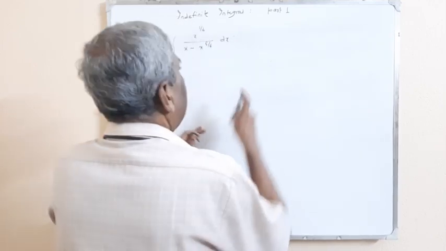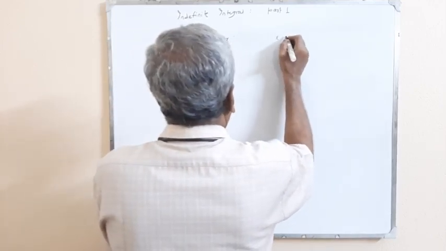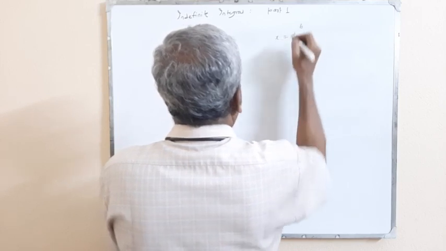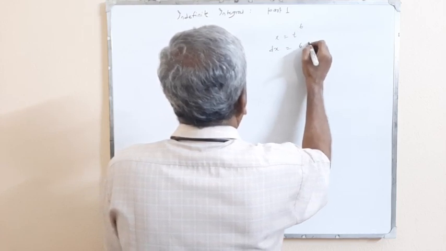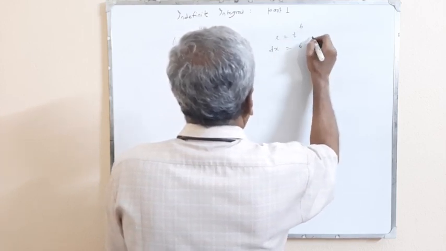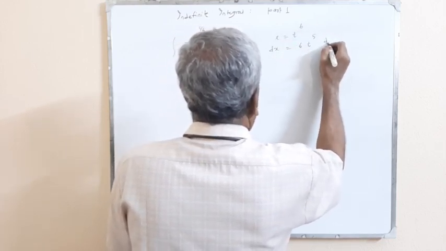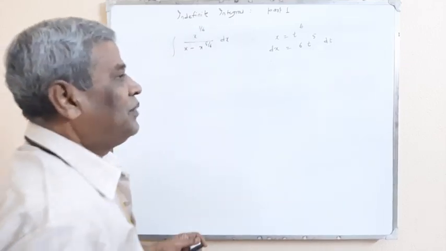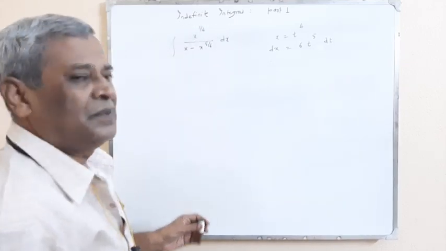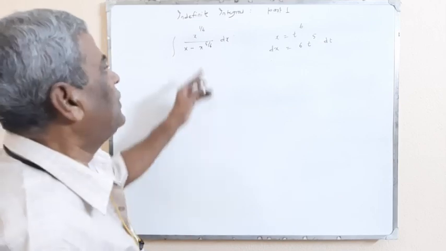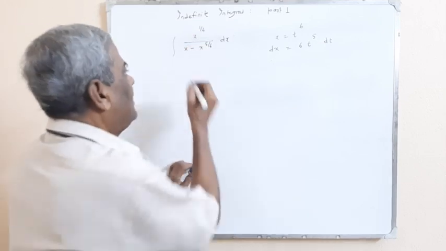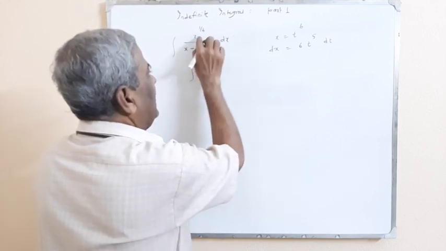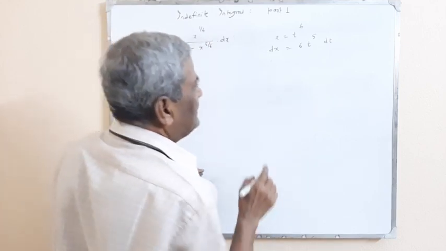We put here x is equal to t to the power 6, so that dx will be equal to 6 into t to the power 6 minus 1, which means 5, dt. In that substitution, all powers will be integers, because it is x to the power 1 by 6.